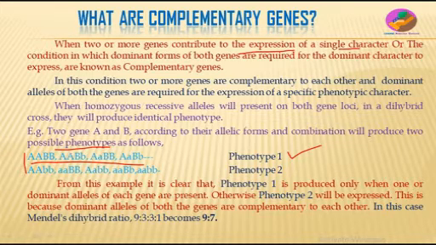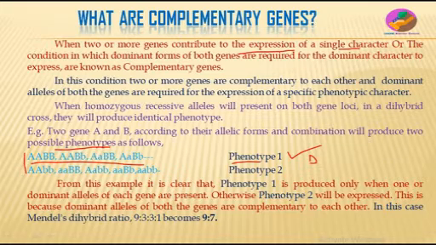Here also, two capital A and one capital B. Here one capital A and two capital B, and one capital A and one capital B. So when dominant alleles of both genes are present in an offspring, they give rise to phenotype 1, which is nothing but the dominant phenotype.